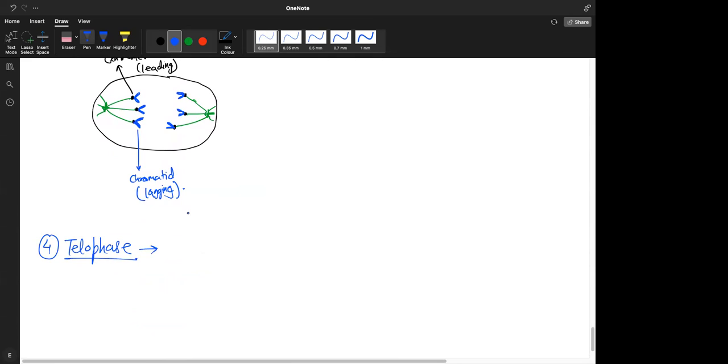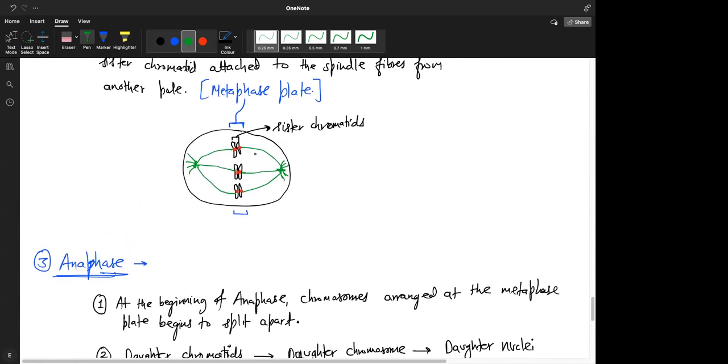Now in telophase, chromosomes finally reach this very end here, where the centrosomes are present. And the moment they reach their opposite poles, everything is finally done.